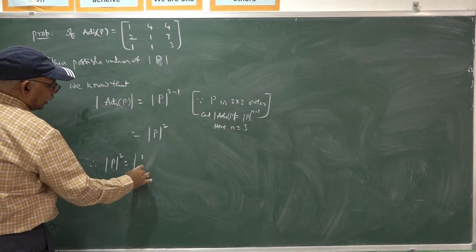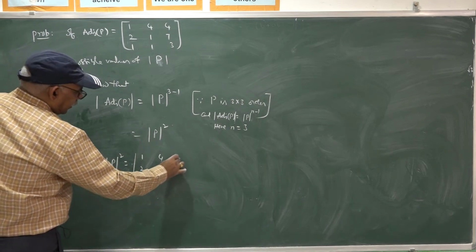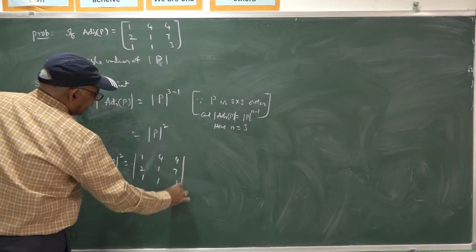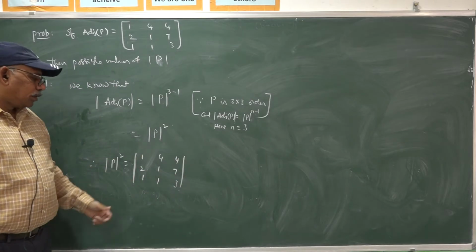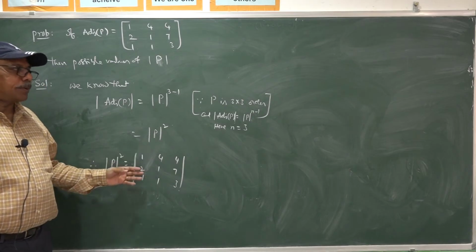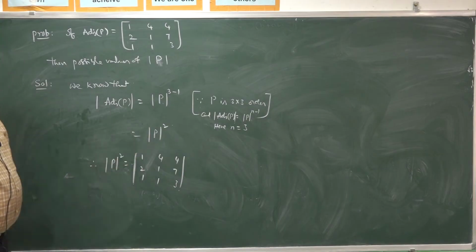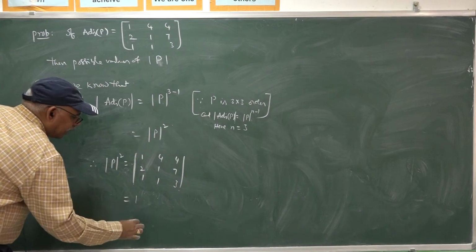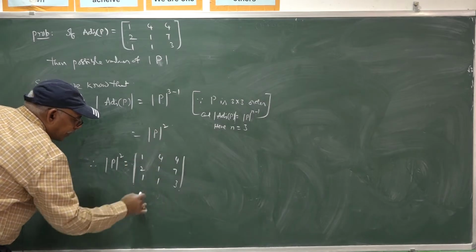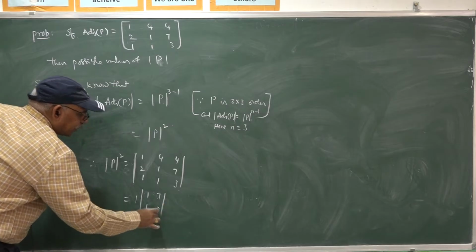Adjoint P means the determinant of 1 2 1, 4 1 1, 4 7 3. Now, you can evaluate this determinant by transformations or expand it straight away. Because the elements are simple values, you can expand straight away about the first row: 1 into, eliminating the first row and first column, the determinant 1 7, 1 3.